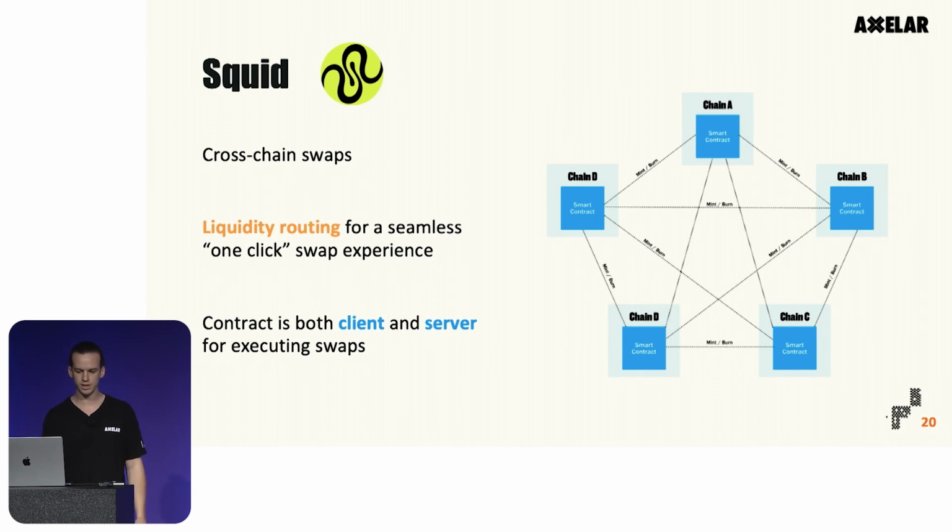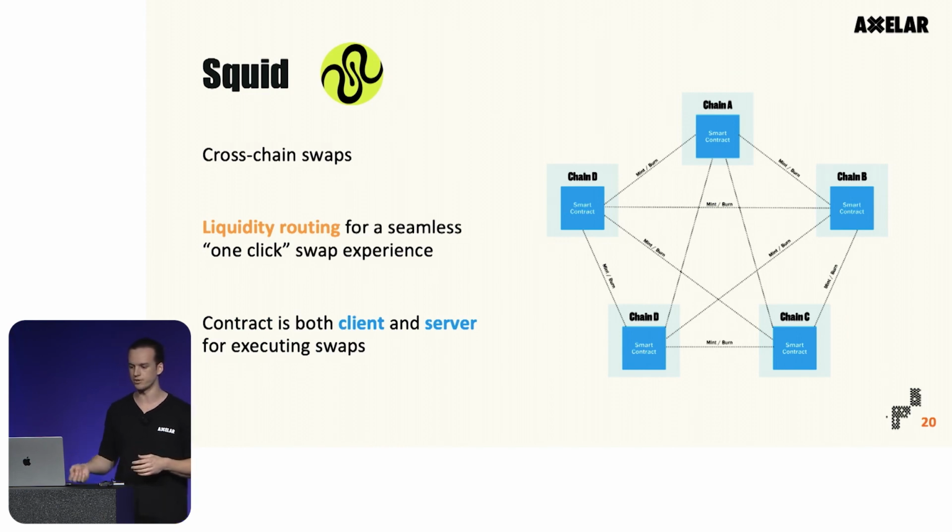So another example, this is more of the peer-to-peer model. We have Squid, a liquidity routing protocol. What that means is basically you can do cross-chain swaps. Similar to the native USDC example, except instead of transferring USDC via USDC's bridge, you can use any of the assets on our network. So the way the contracts actually work in this case is I'm going to send a request to the Squid contract on any chain. They're all exactly the same, and say I've got ETH on the Ethereum chain, and I want AVAX on the Avalanche chain.